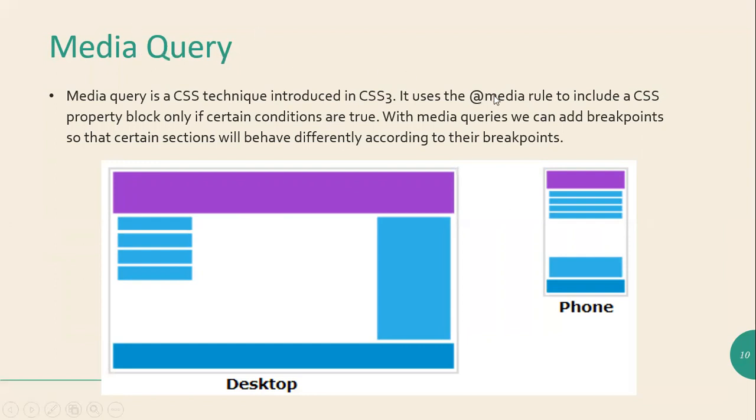Media query is to make breakpoints. Breakpoints decide whether this part or this section will be shown in the browser depending on the device. So for example, like the previous image, if we use breakpoints, on this desktop all of this will be side by side like this.